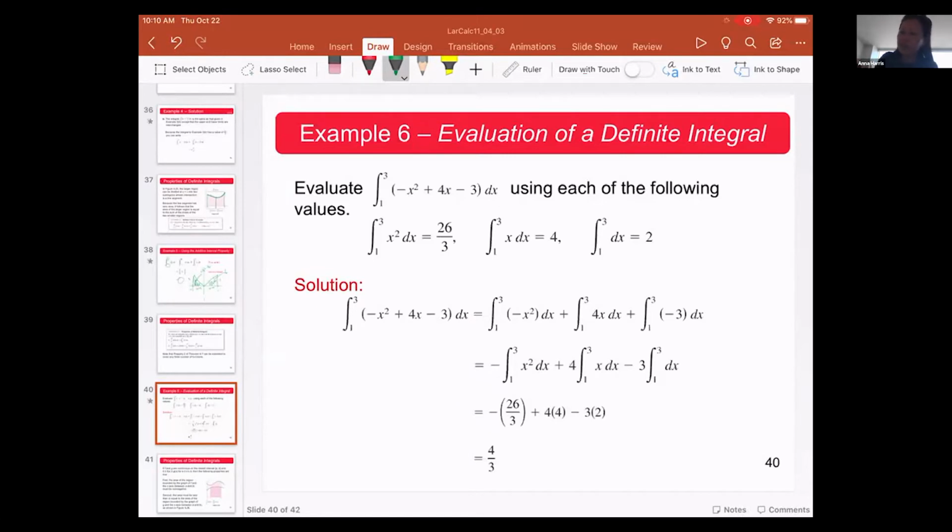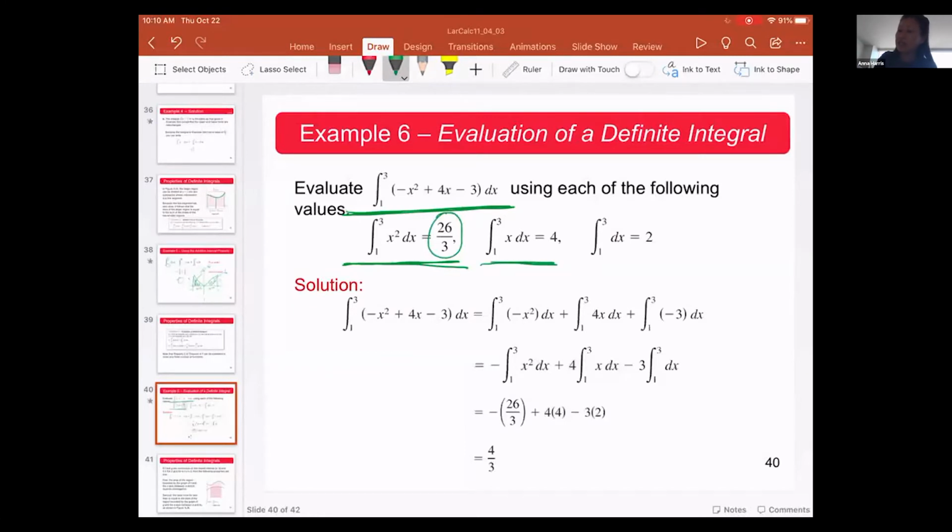So they ask you to evaluate this. In other words, they're asking you to find the area of this particular equation, -x squared plus 4x minus 3, between 1 and 3, okay? And they also gave you this: if it's only x squared between 1 and 3, your answer is 26/3.